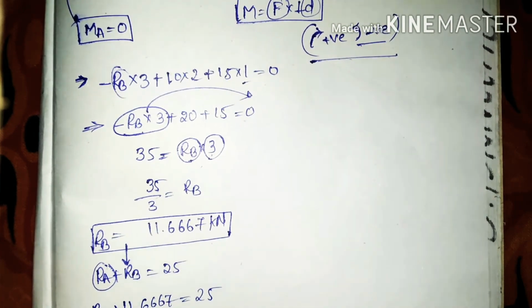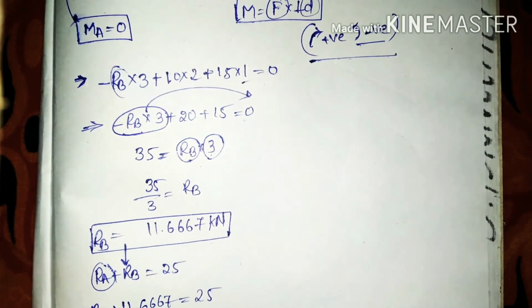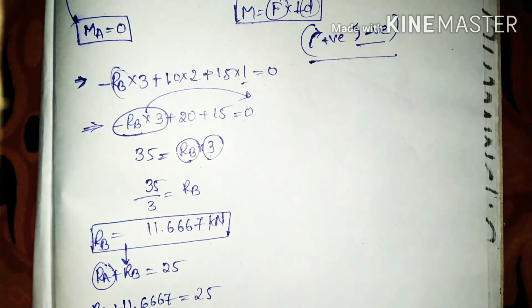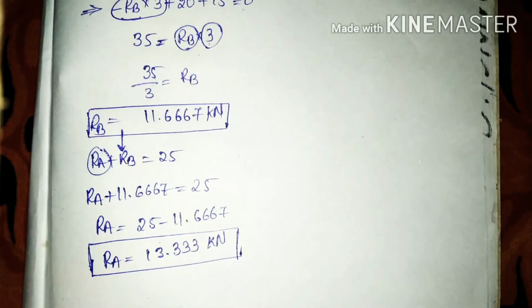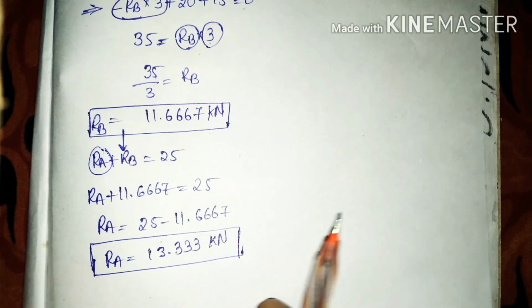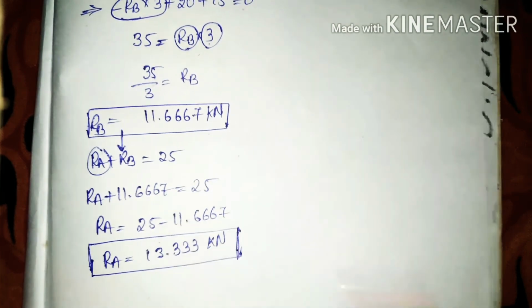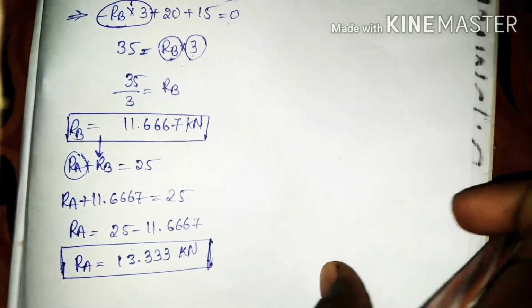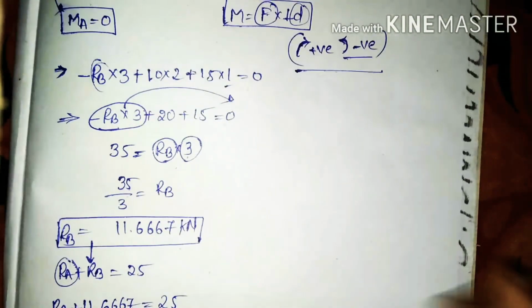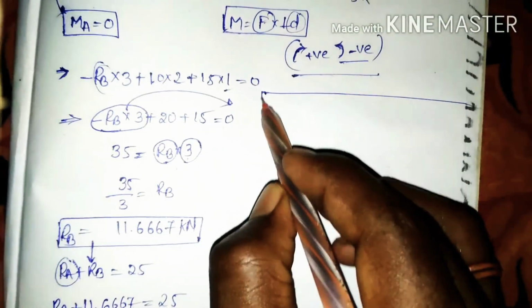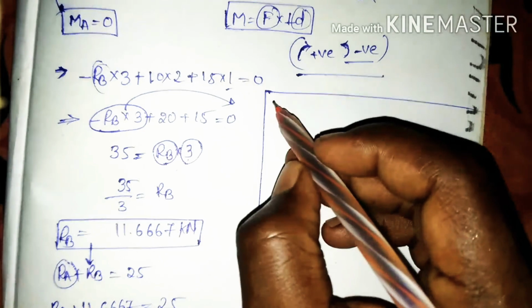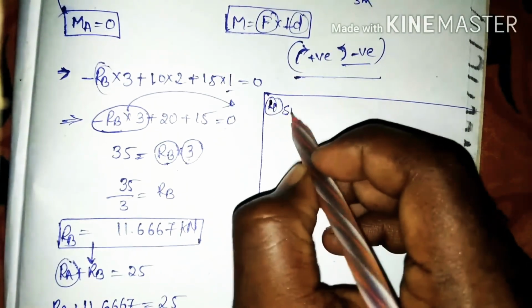RA will be 25 minus 11.667. RA will be 13.333 kilonewtons.